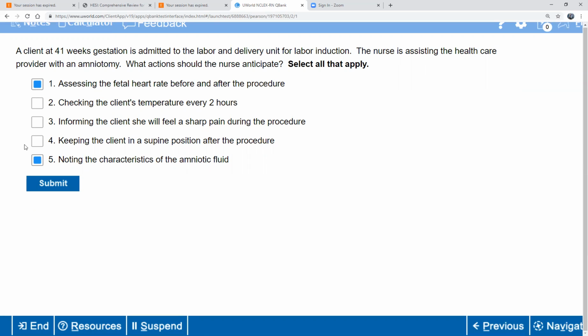She will feel a sharp pain during the procedure. Amniotomy, sharp pain. Checking the client's temperature. I know they check the temperature, but every 2 hours, how often? Maybe every 30 minutes. I don't think it will be every 2 hours though.